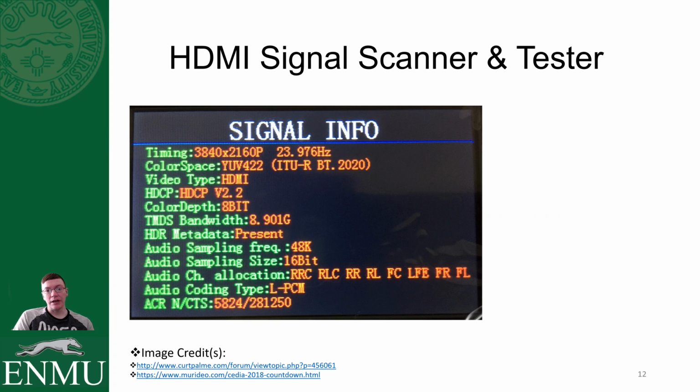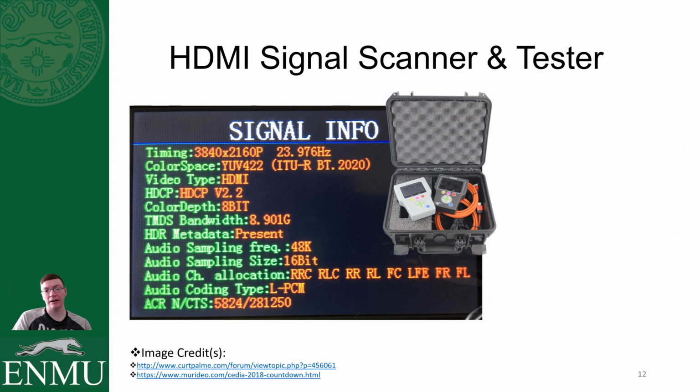So this right here is an example of some test equipment for HDMI cables, transmitters, and receivers. This device can be used in line. It's basically a handheld scanner, and that is the exact one you see there in the hard case.